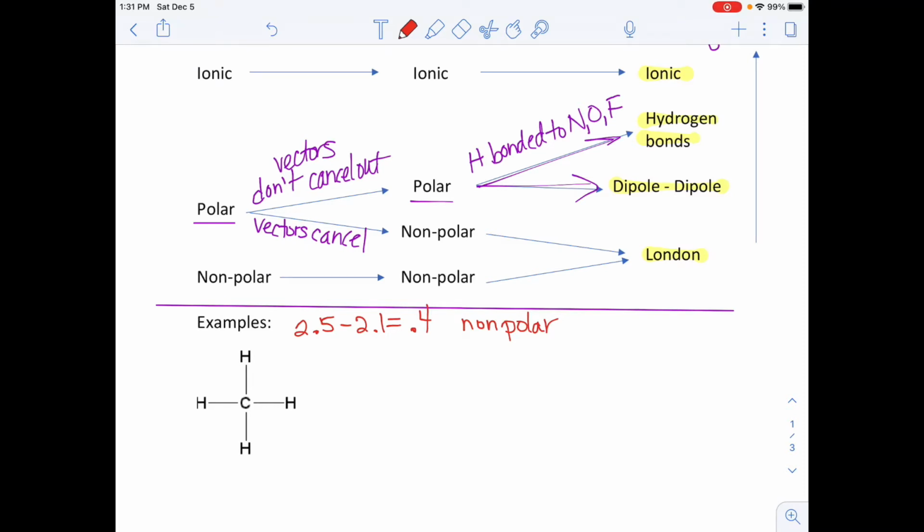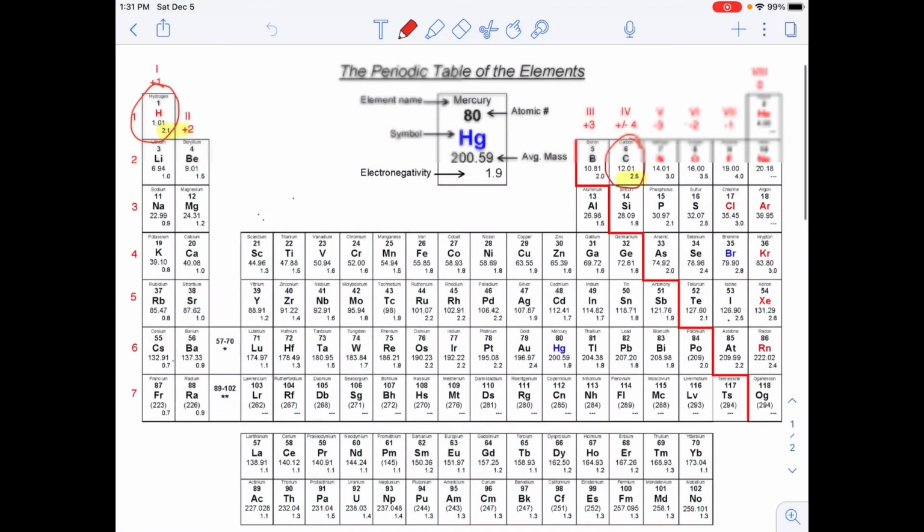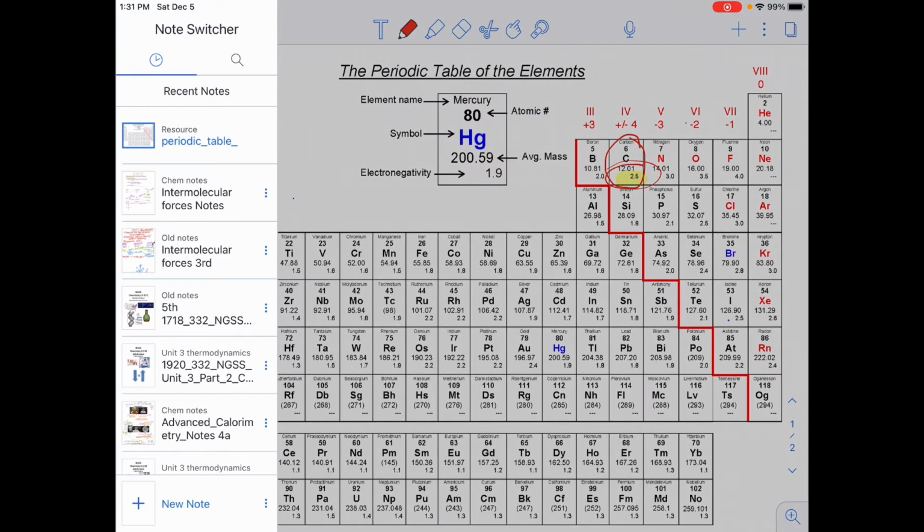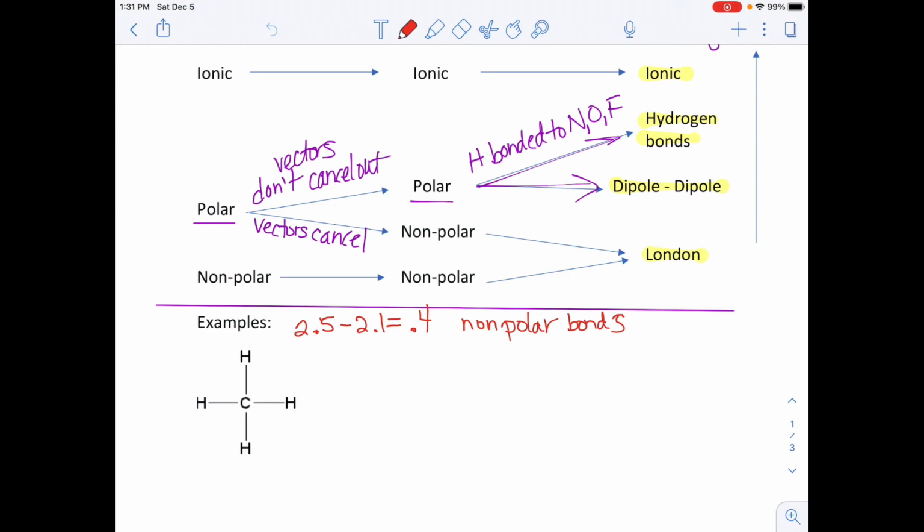If we take 2.5 minus 2.1, we get the difference is 0.4, which means these are nonpolar bonds. So even if we look at the electronegativity value, it looks like carbon wants the electrons a little bit more because it's closer to filling its octet. Carbon might have this partially negative end of the molecule.